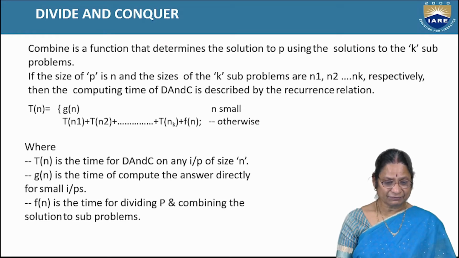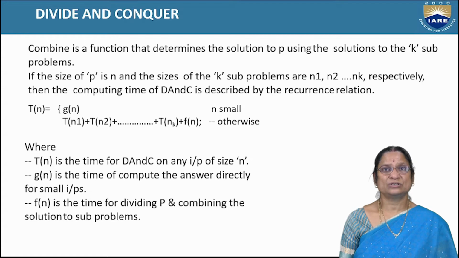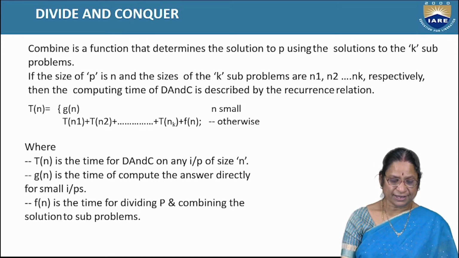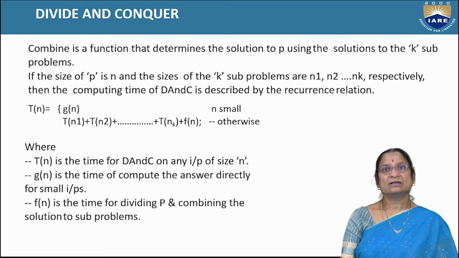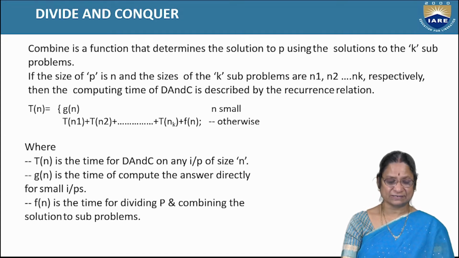So for example, in divide and conquer, it is going to be like this. T of n is equal to g of n for small values of n. That means the final solution was found. Otherwise, T of n1 plus T of n2 plus etc. up to T of nk plus f of n. Where T of n is the time for the problem of larger size n.